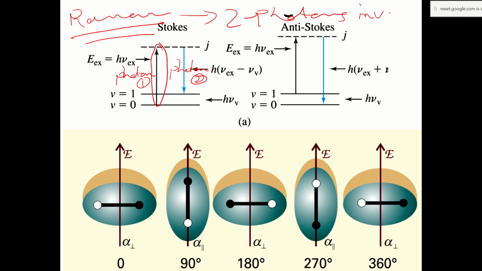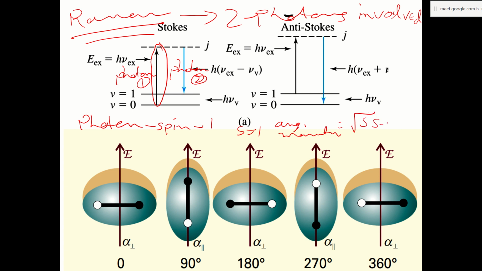In Raman spectroscopy there are two photons involved, and each of these photons is, photons are what? Spin 1 particles, that is the spin quantum number is given by s is equal to 1, and the angular momentum is under root s into s plus 1 h cross. This you know already, right?